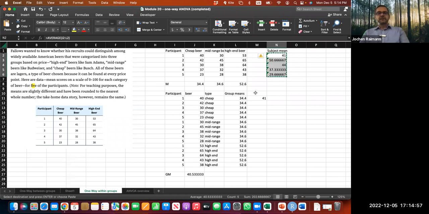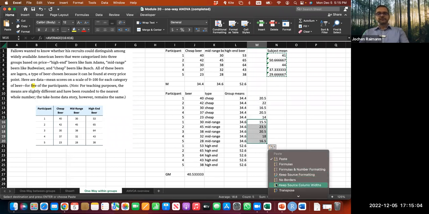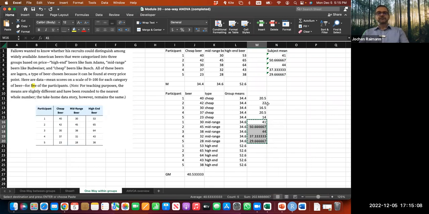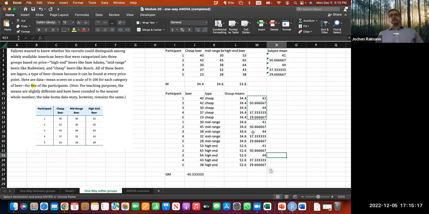That's done by always using paste values, otherwise it's shifting. Good. So these are our subject means. Now we have the group means, the subject means, and the grand mean. That's already pretty much all we need.